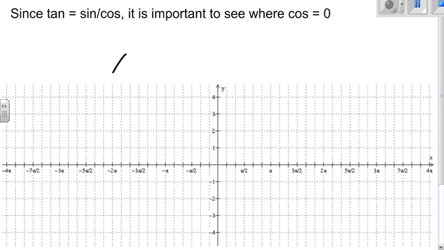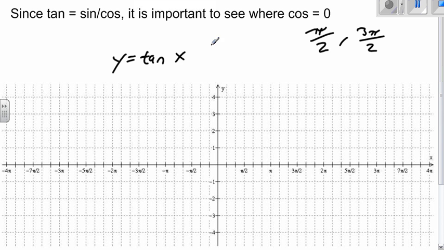So let's look at tangent. Since tangent is sine over cosine, we need to know when the denominator, cosine, is 0, which is all of the pi over 2. Pi over 2, or 3 pi over 2, or the negatives.